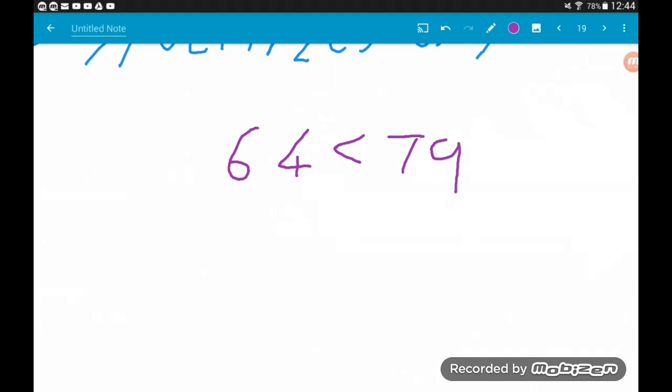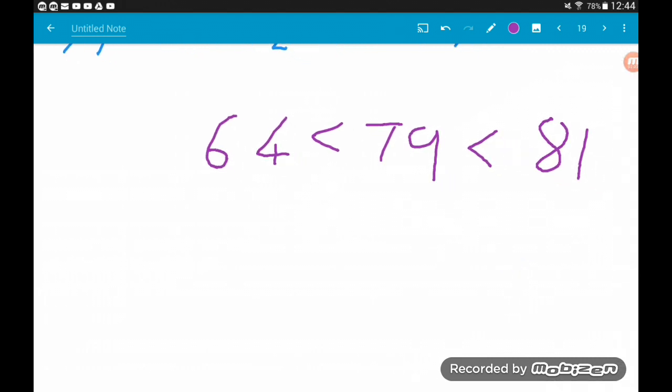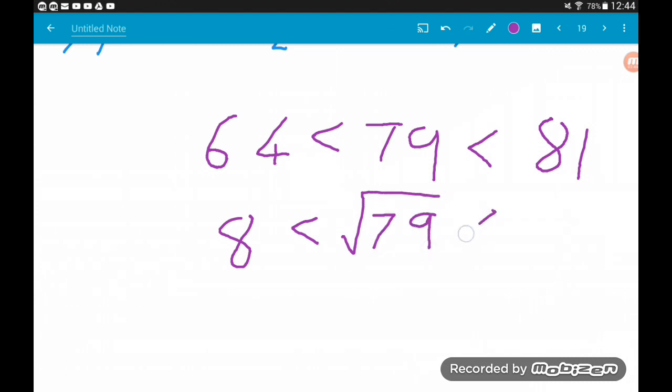We know 79 is less than 81. Now, if we square root all three parts of our inequality here, we get 8 is less than root 79, which is less than 9.